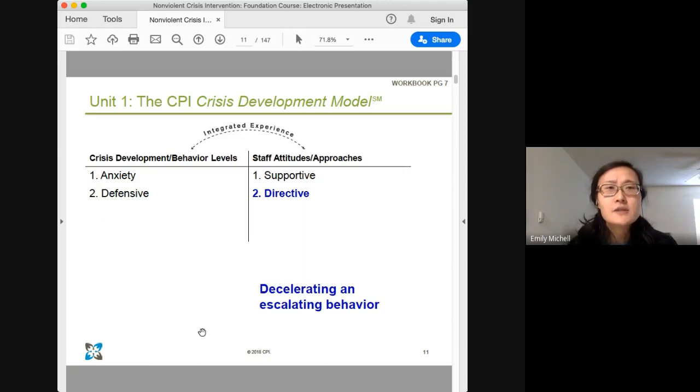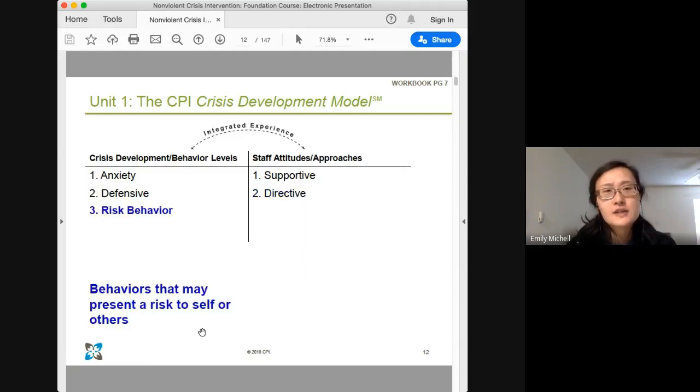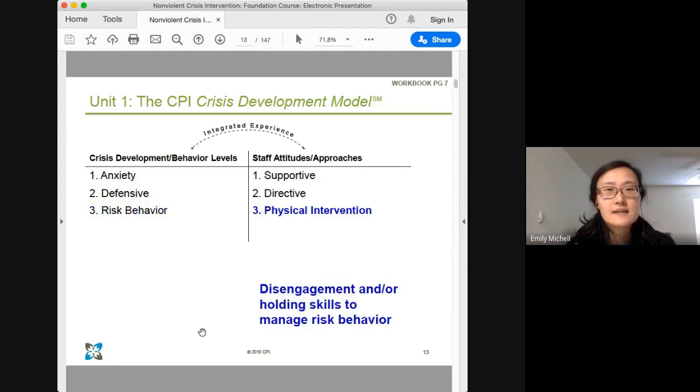If a student continues with this escalation and they move on to that risk behavior, that can be defined as behaviors that may present a risk to self or to others. And so when we're at this level, staff are going to respond with physical intervention.